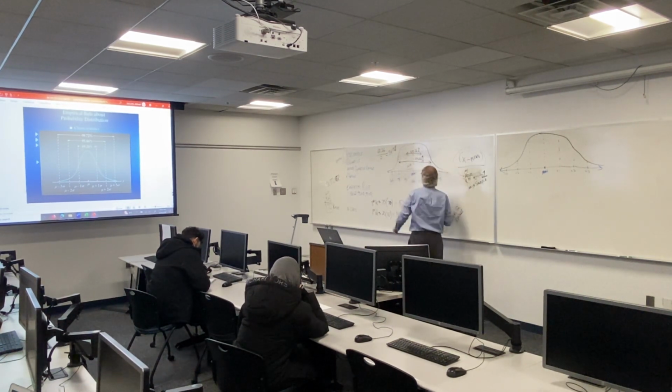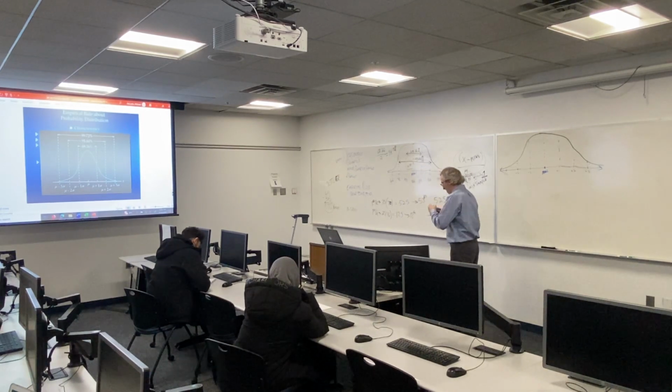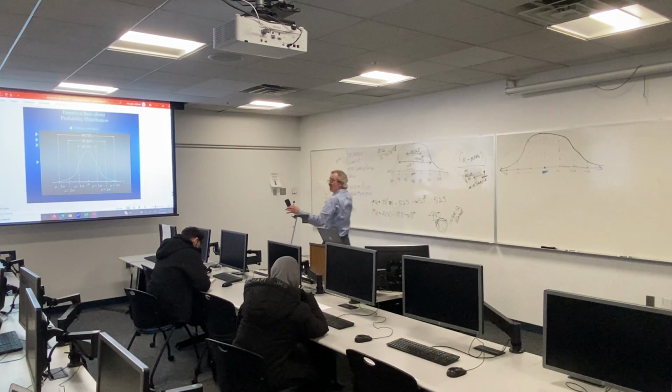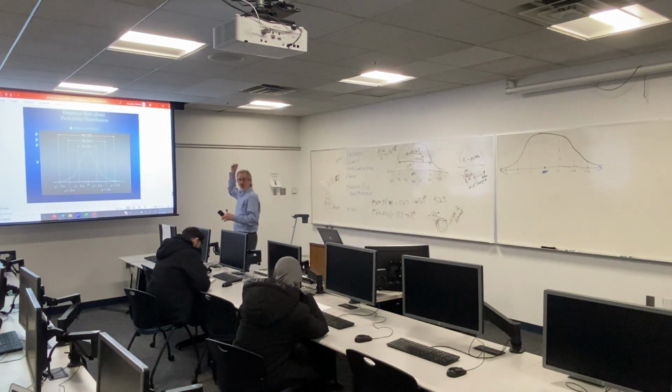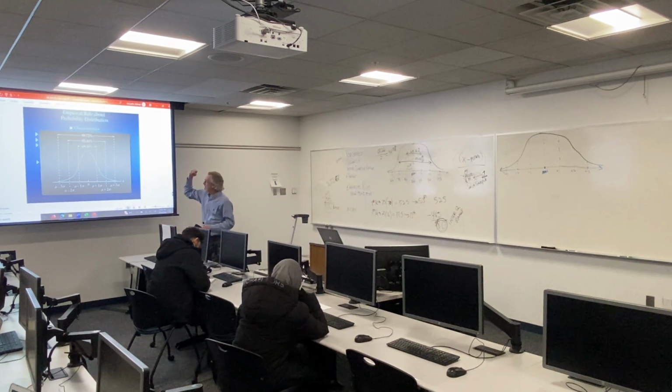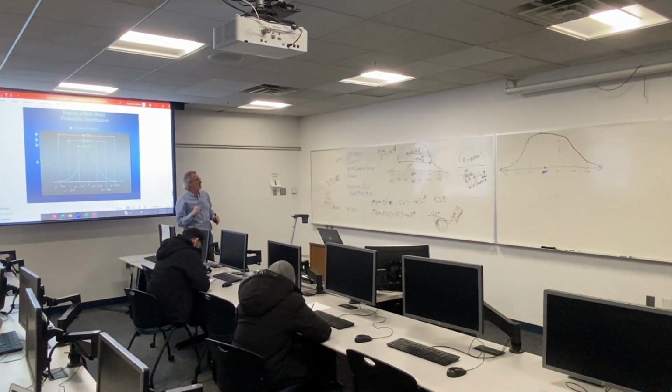95.44%. Okay, so if I said to you, we have all these jugs here, 10,000 of them, and we're about to pull one out, what's the probability that the amount of liquid in that jug is between 102 liters and 78 liters?